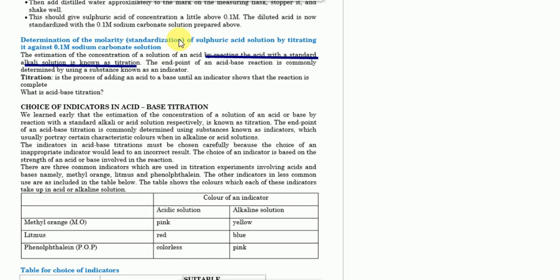So we are using the acid ambayo tujui concentration yake, then we are titrating it with the standard alkali solution.